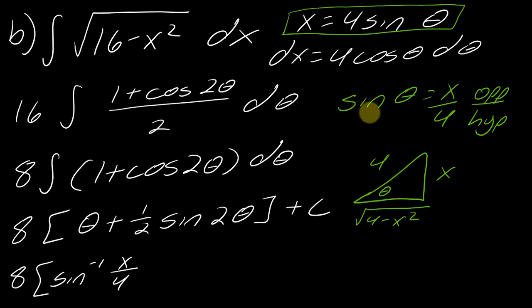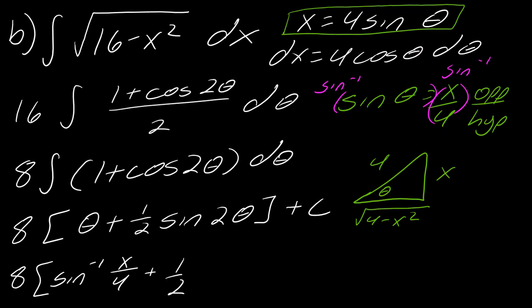So this whole thing here, if I wanted to solve it, I would just take inverse sine of each side, okay? And so I'm left with this right here. And then I've got plus 1/2 sine of 2 theta, okay.